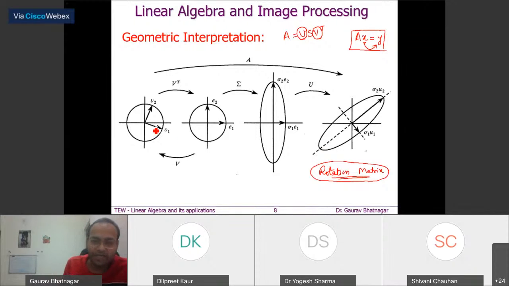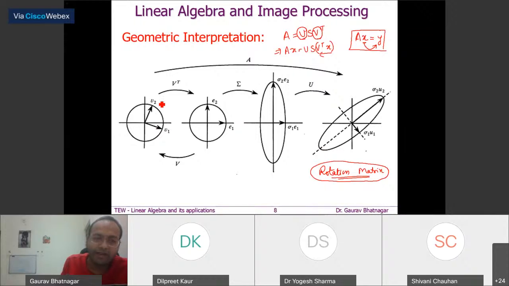Now let me take any two unit vectors, v1 and v2, two general unit vectors. Then Ax is equal to U S V transpose x. I am just following this particular path. This is a matrix and this is a vector, so you are going to get some other vector.